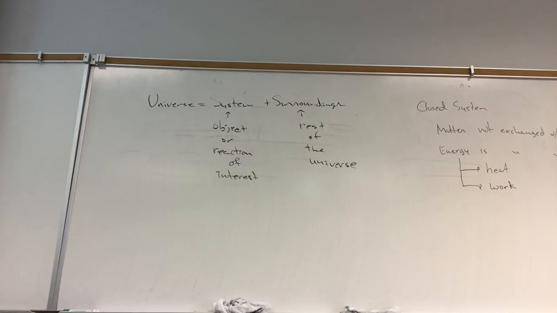Well, we're primarily focused on one type of work, but there are many types of work that can be exchanged, like sound, light. But we're interested in mechanical work, that is volume changes.